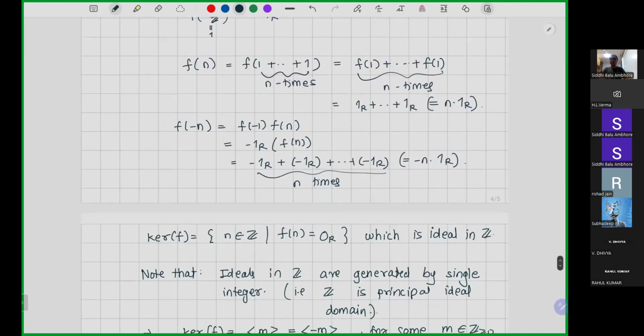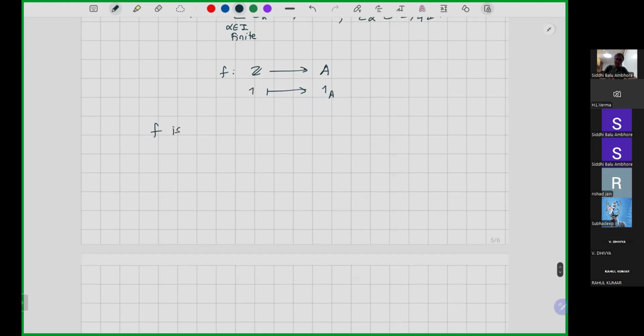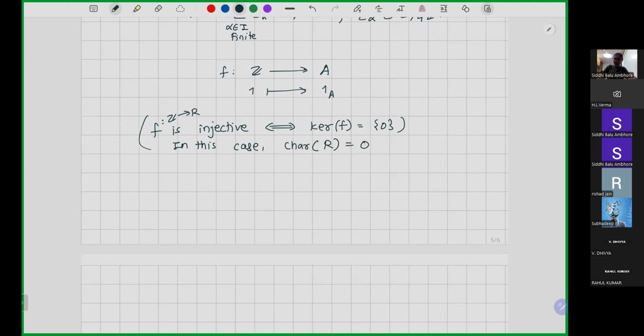Is it okay? So let me just write it for you also. F is injective, kernel F is just the 0 element, and this F is from Z to R. In this case, the characteristic of this ring R is 0.